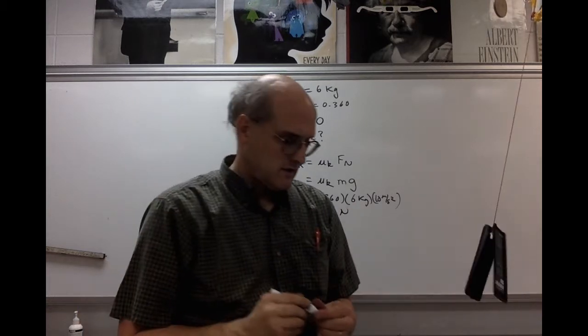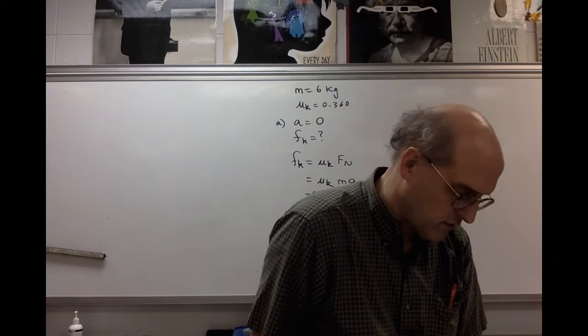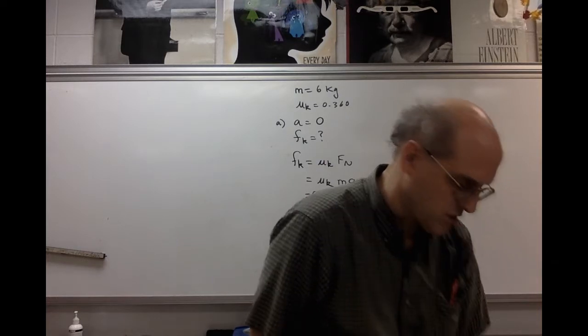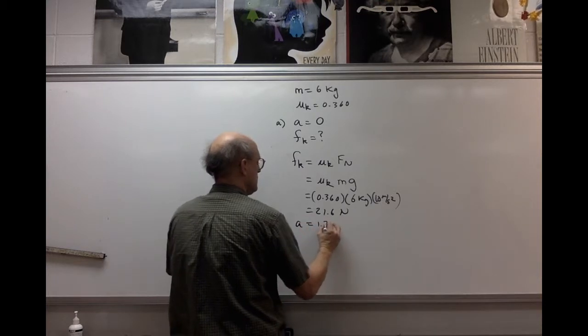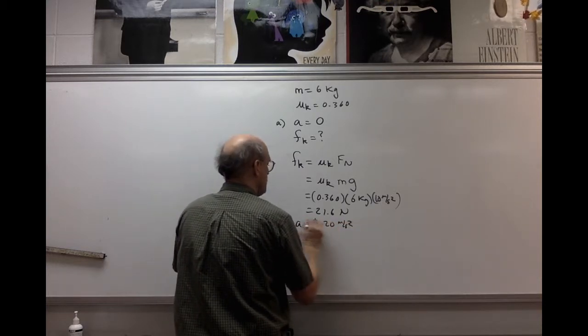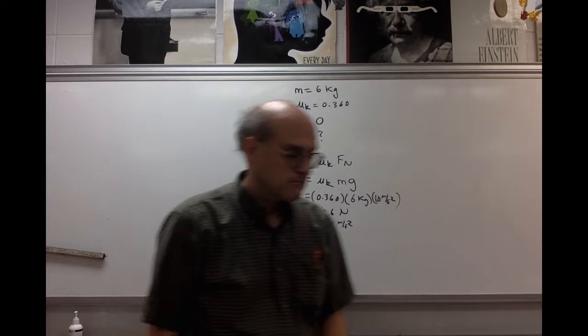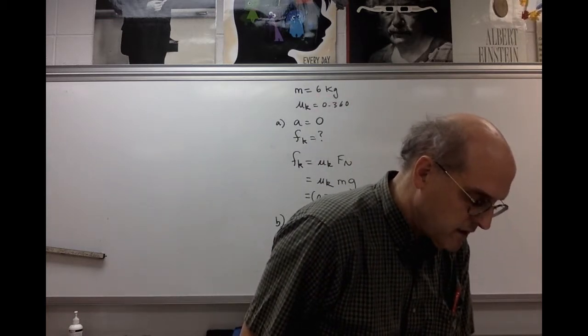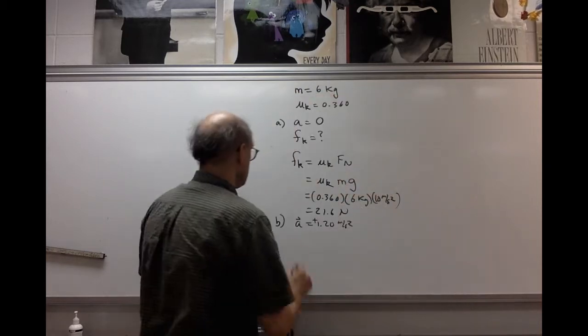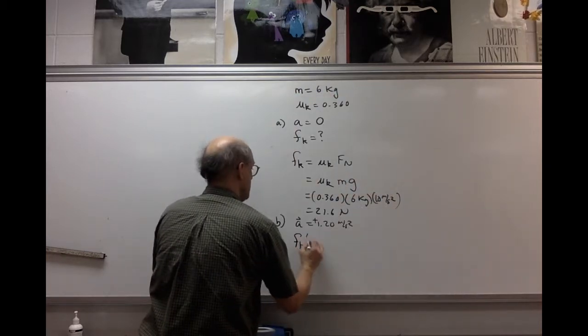Now it gets really interesting. The elevator is now accelerating upward with an acceleration of 1.20 meters per second squared. Okay, so upward. And they want to know, again, what is the kinetic frictional force? So we're looking for Fk prime.